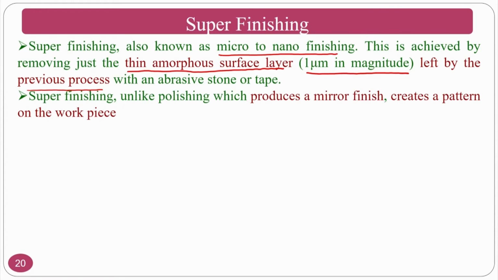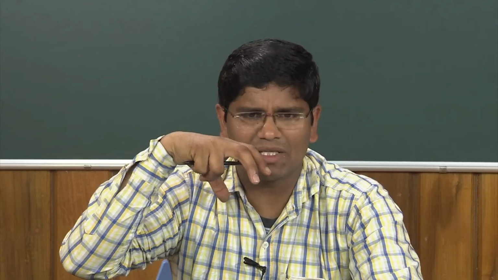Super finishing is unlike polishing, which produces the mirror finish and creates a pattern on the workpiece. That means you have seen the picture. In that picture, it has a rotating workpiece and a brush type, that is nothing but the plunge type of thing.